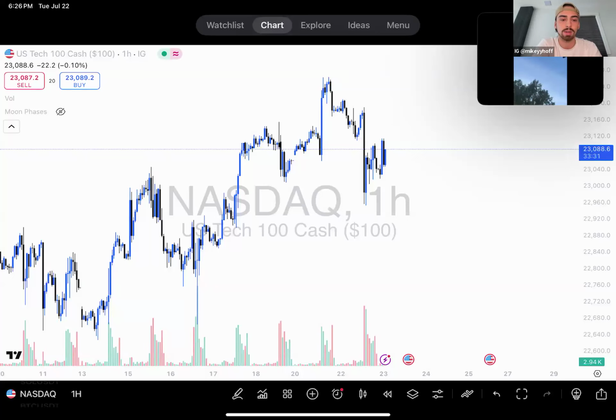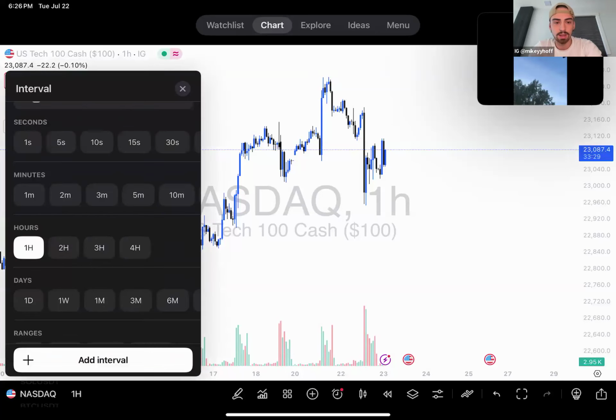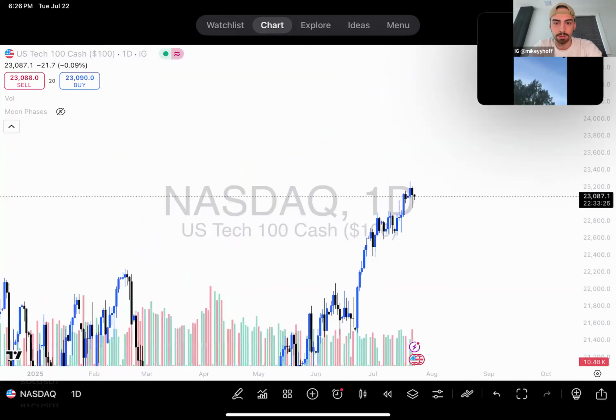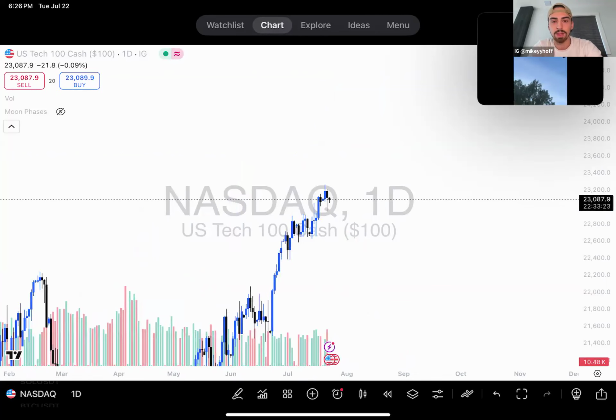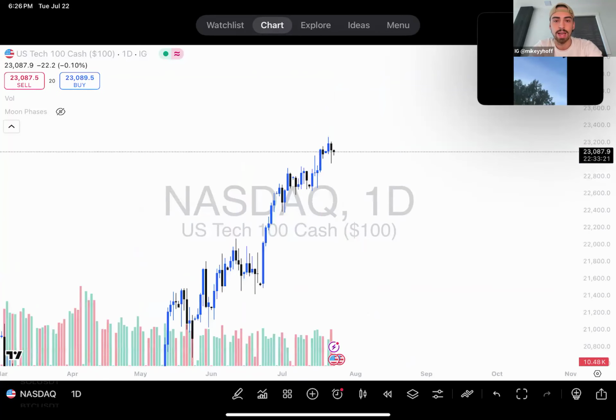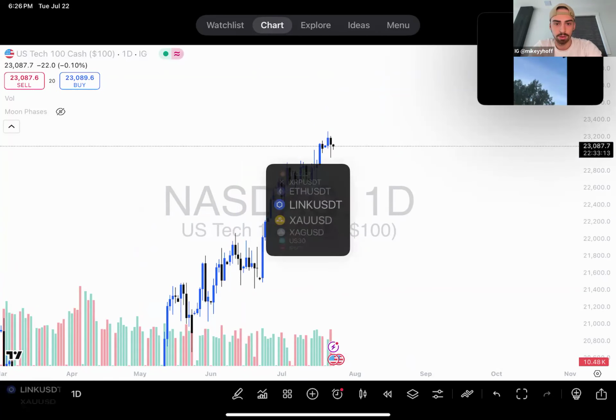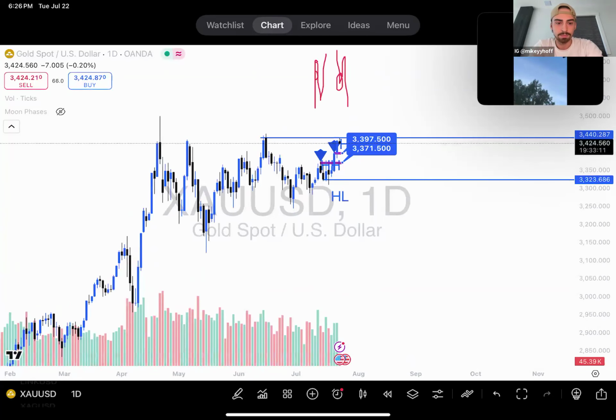Doing the top-down analysis, you're going to see where it makes sense to enter in this market. And then from there, you're waiting for the reaction out of your area. If it doesn't go into your area and it drops lower, let's go back to gold right before we go to NASDAQ here.